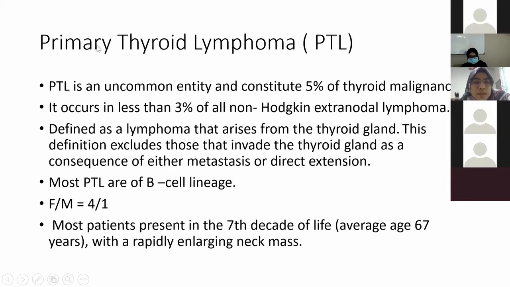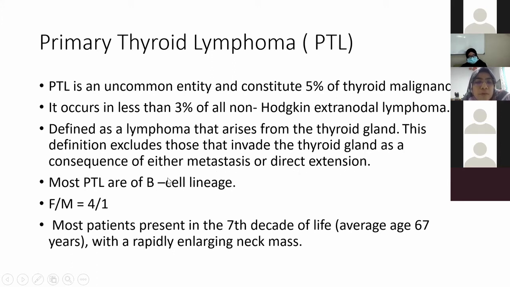So this is a case of primary thyroid lymphoma, which is an uncommon entity, and it constitutes about 5% of thyroid malignancy. It occurs in less than 3% of all non-Hodgkin extranodal lymphoma. By definition, it should be lymphoma that arises from the thyroid gland, and it should exclude those that invade the thyroid gland as a consequence of either metastasis or direct extension.